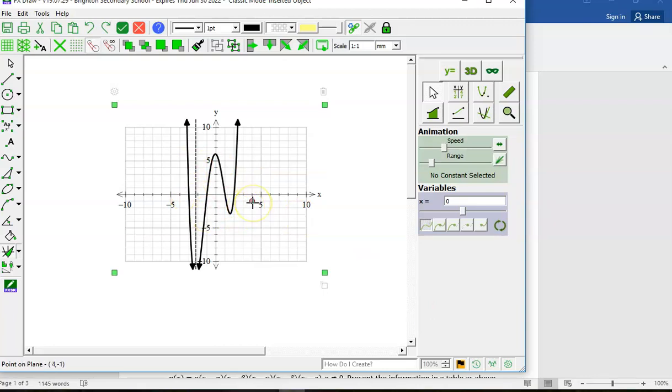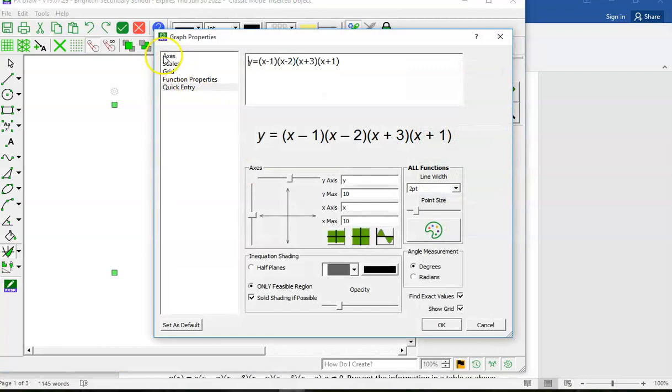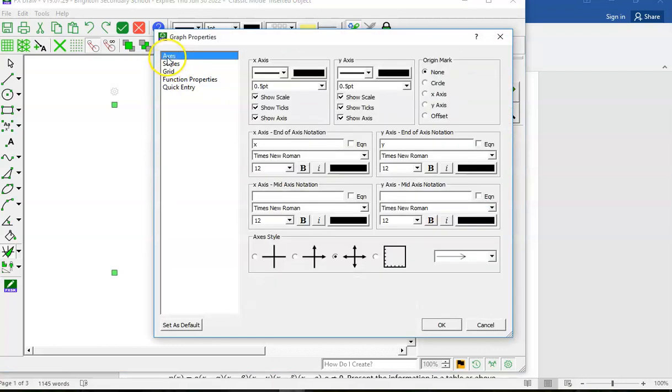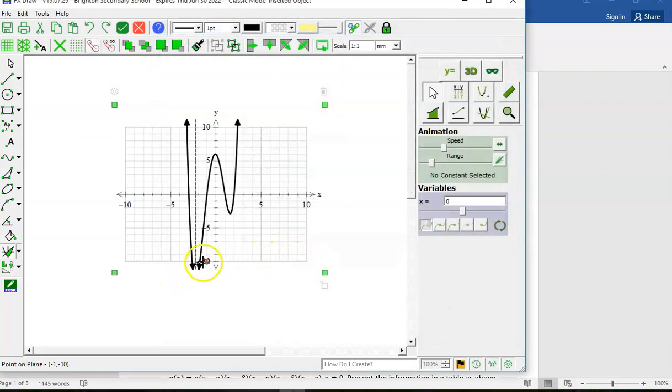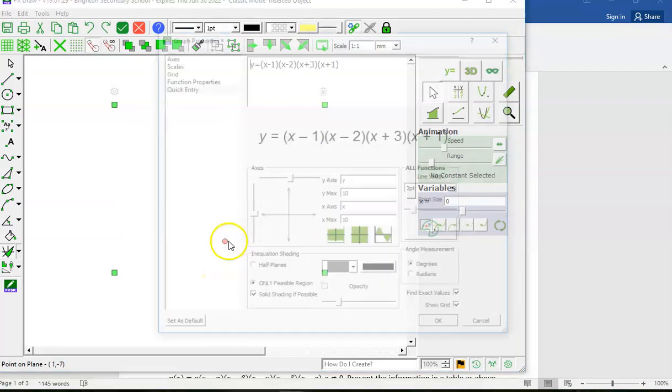It has scales just like your calculator. So again, if I right click, I can see my axes here, my scales. So you could see my y needed to be a little bit lower. So it was -10. I'm going to go a little bit lower.